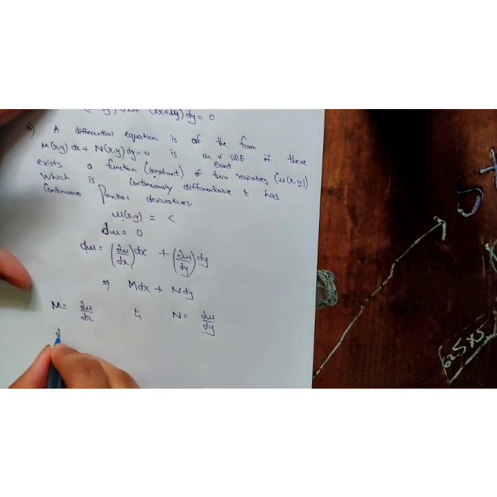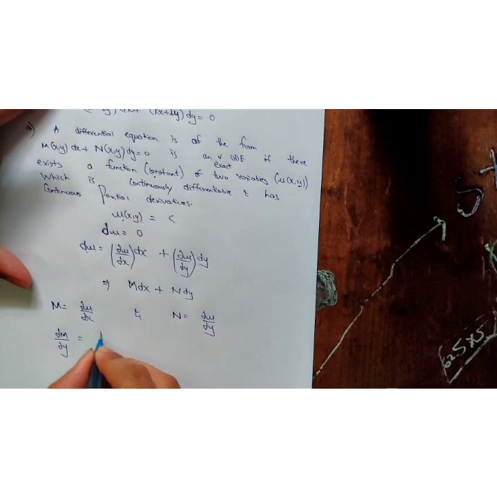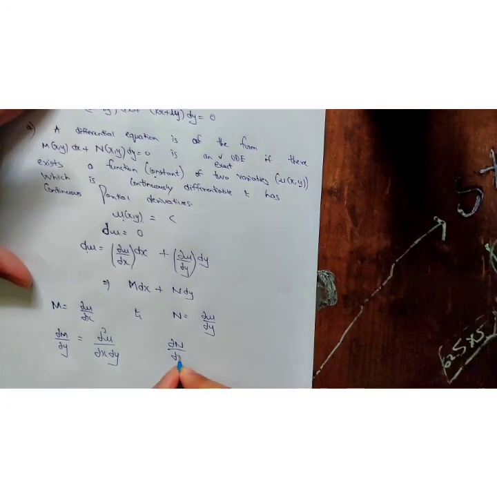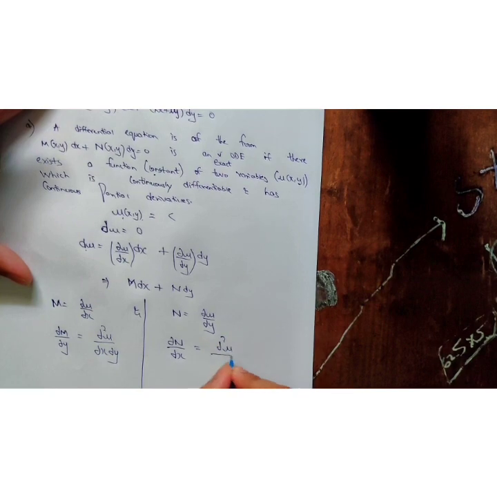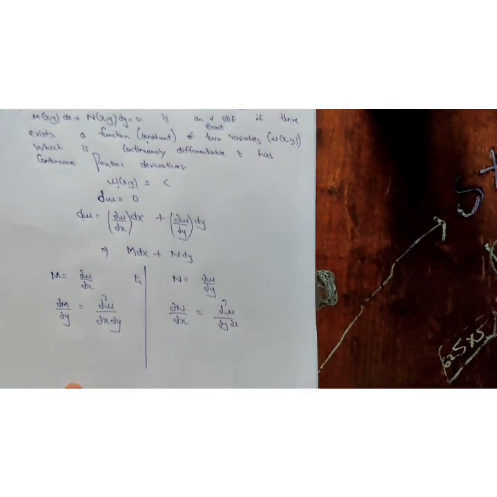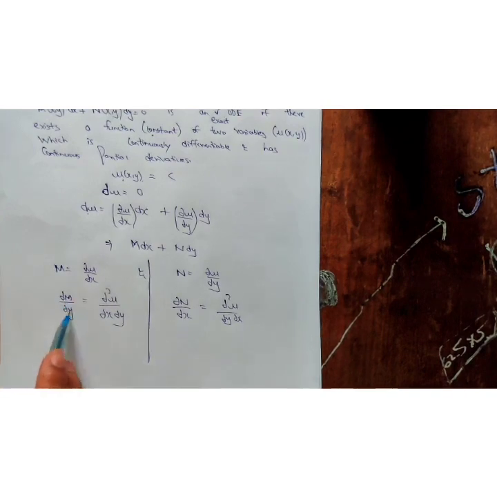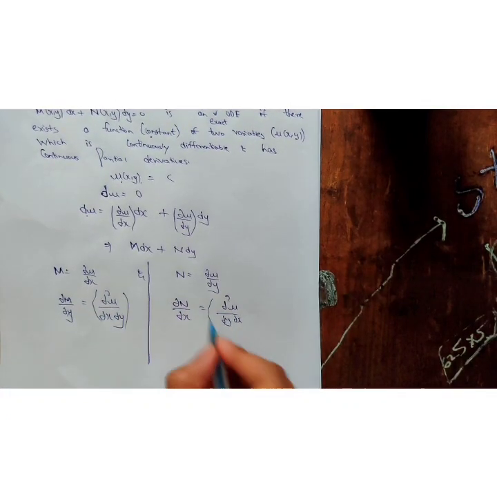Now the partial derivative of M with respect to y is ∂²u/∂x∂y, and the partial derivative of N with respect to x is ∂²u/∂y∂x. After finding these, we find that these two are the same.